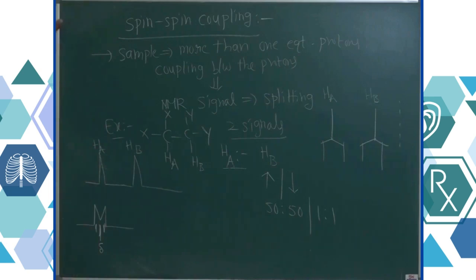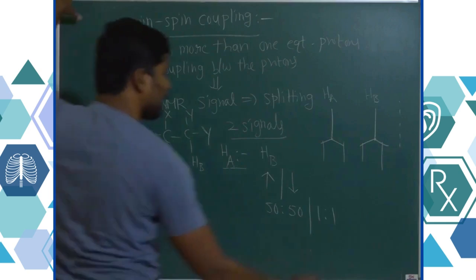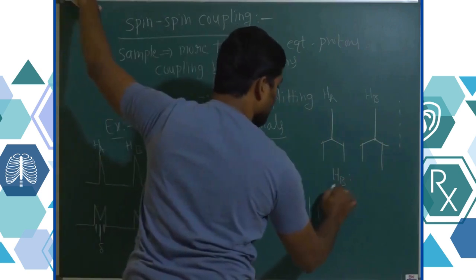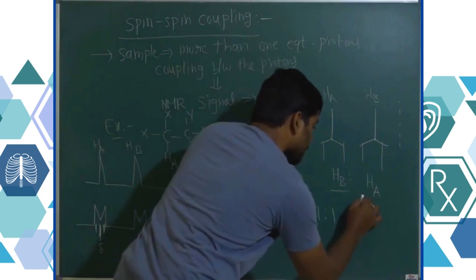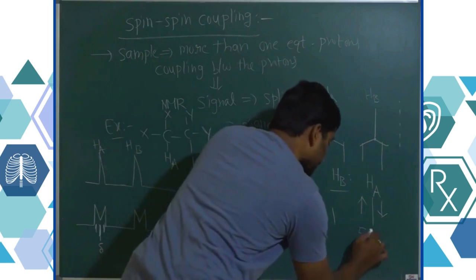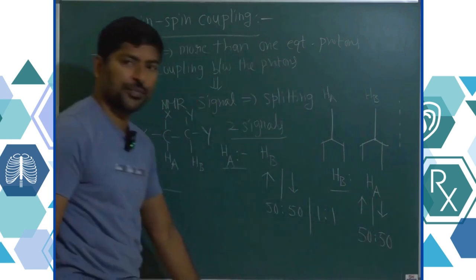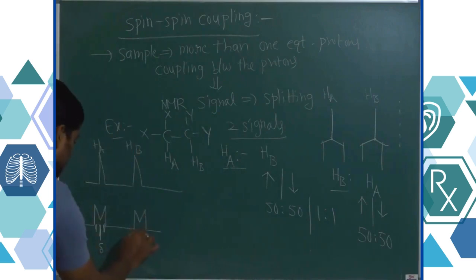Similarly for the HB proton. HB interacts with the HA proton, and for HA two possibilities exist, upward orientation and downward orientation, with the same 50-50%, 1:1 probability. This is the actual chemical shift value for the HB proton.